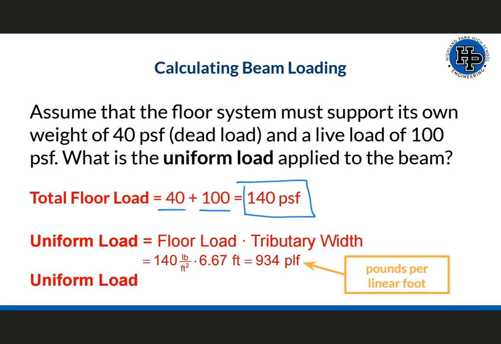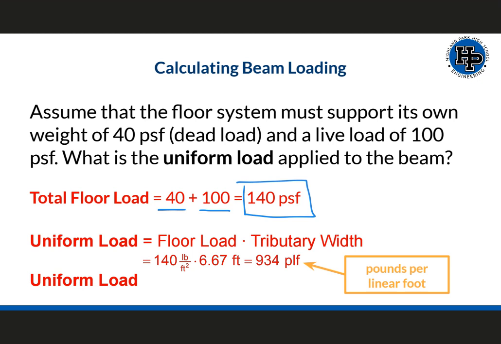Now, to figure out the uniform load, we want to make sure that we're multiplying the total floor load times the tributary width to figure out how many pounds per linear foot that beam is going to be responsible for. So if we take our floor load of 140 pounds per square foot, or PSF, as we see here, and multiply that by our tributary width of 6.67 feet, we're going to get 934 pounds per linear foot.